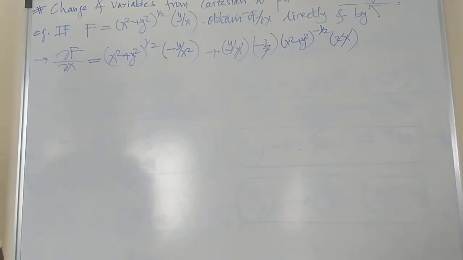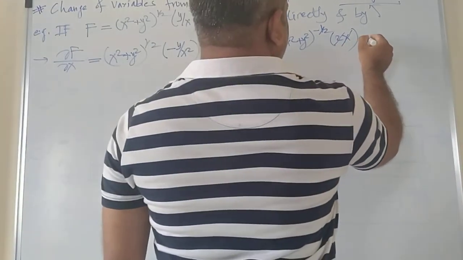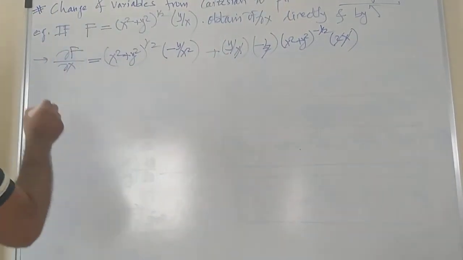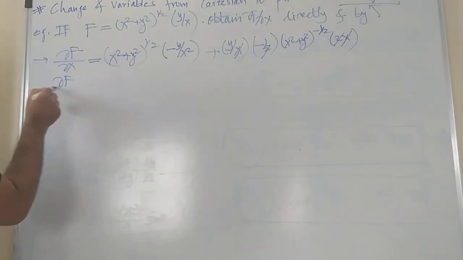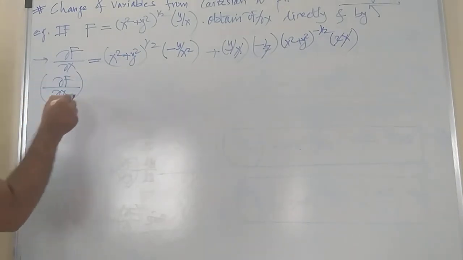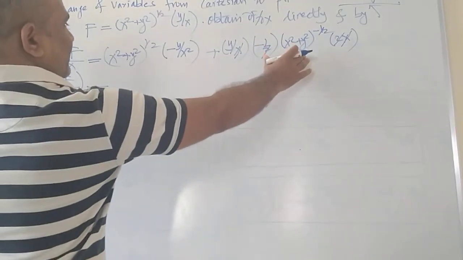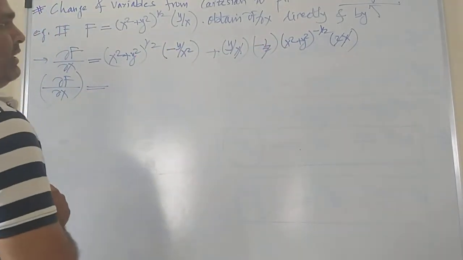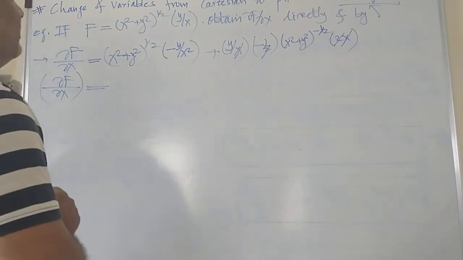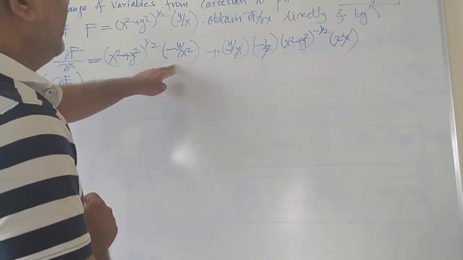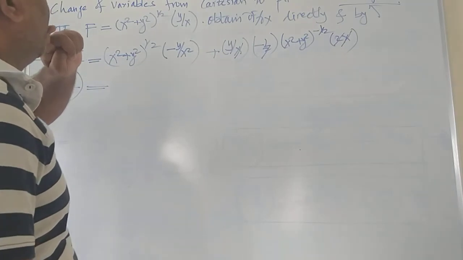So ultimately, dou f by dou x will be equal to, let me write this sum first, because this is a negative term. This is also negative, and this is giving a negative value also.